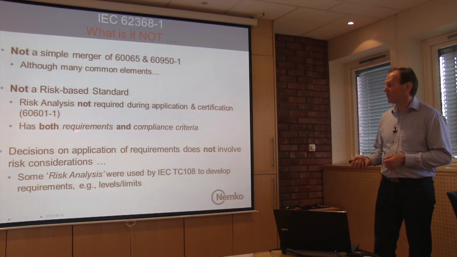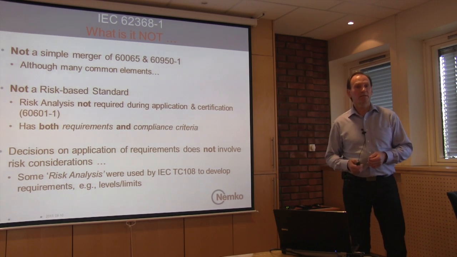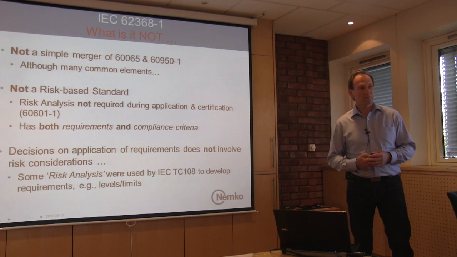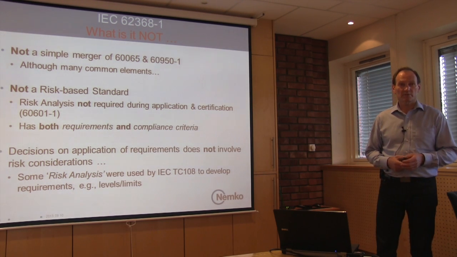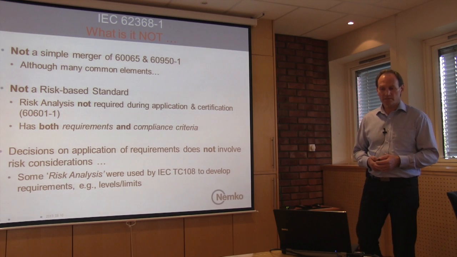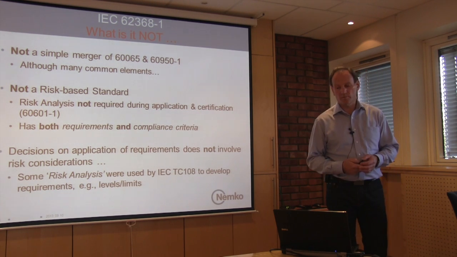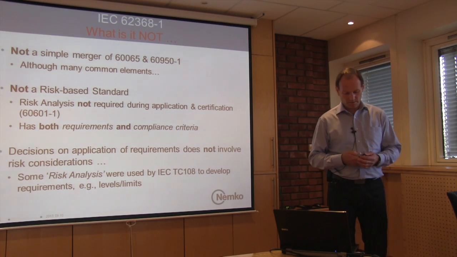So this standard has both requirements and compliance criteria. I think that's a misunderstanding out in the market. Decisions on application of requirements do not involve risk considerations. But of course, there was some risk analysis in the TC108 when it was developed for limits and levels.